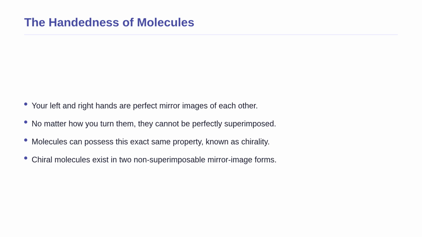In the world of chemistry and biology, molecules can possess this exact same property of handedness, which scientists call chirality. Just like your hands, these molecules exist in two mirror image forms that cannot be superimposed. While this might seem like a tiny geometric detail, in the microscopic world of your body, this shape difference changes absolutely everything.